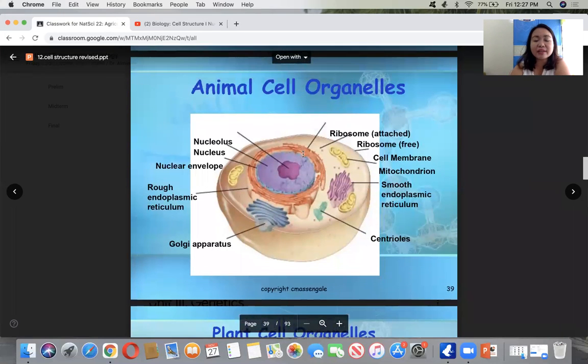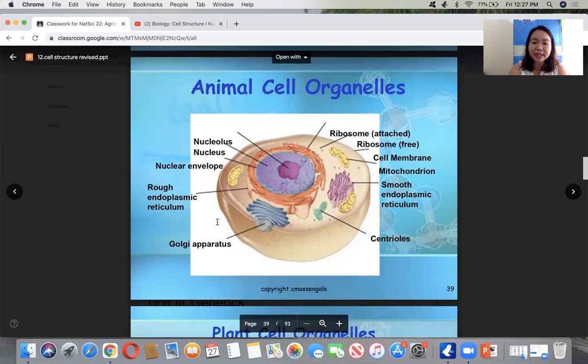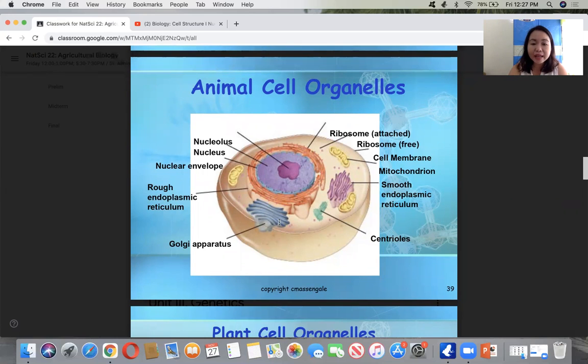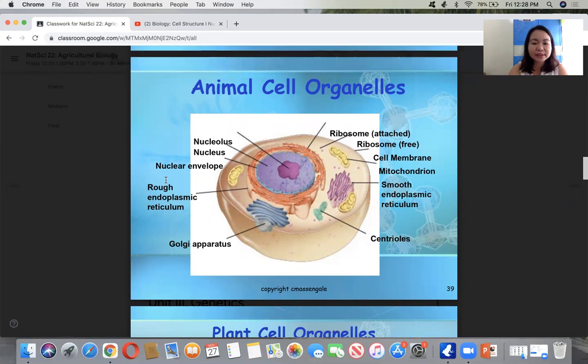So these are the specific types of the animal cell organelles. As you can see, it's almost the same except that it usually has the cell membrane, the mitochondrion, the ER, the ribosome, the centrioles, and Golgi apparatus, and the rough ER, and the nuclear envelope.